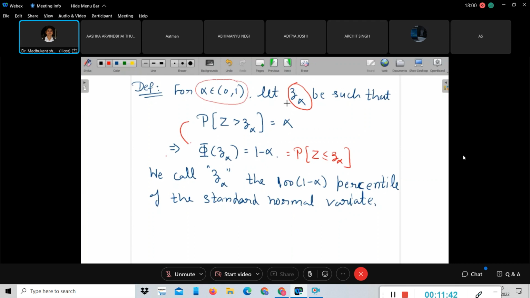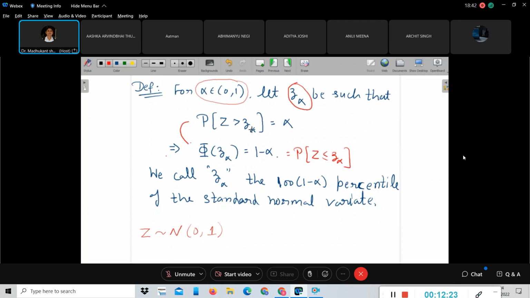Z is here because we are talking about the standard normal variate, and I hope you remember that Z follows the normal distribution with mean 0 and standard deviation 1. The suffix alpha shows the dependence: for this alpha there is some Z alpha.